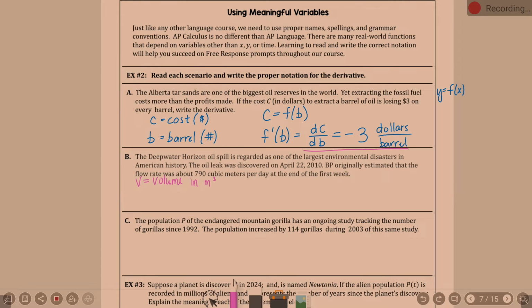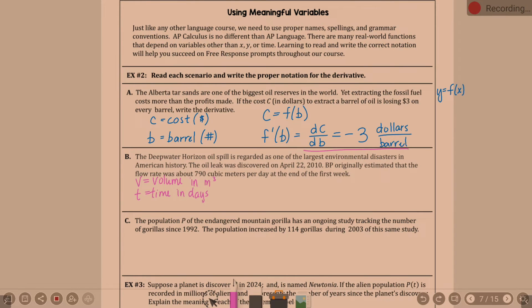Volume is a very common derivative type thing. We also need to talk about time, so many cubic meters per day. I'm going to use T for time. What is our time measured in? Days, in this particular case. It wouldn't have to be in days, but that's what this one is talking about.